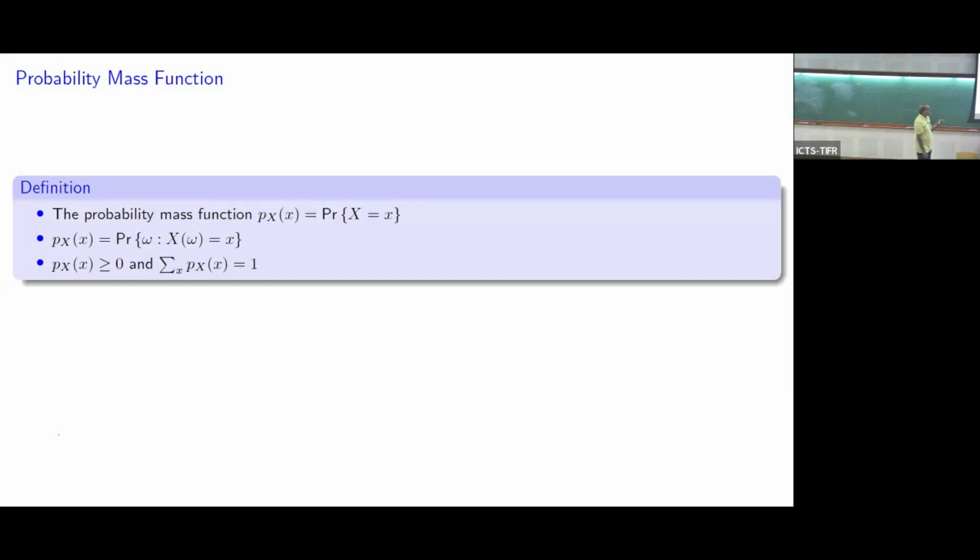So the event is the set of all outcomes, a subset of the sample space, with the property that the random variable function maps those outcomes into the same value x. So that is how you define the PMF. And then the PMF satisfies some properties, like the PMF has to be greater than or equal to 0, and the summation of probabilities has to be 1 and all that.